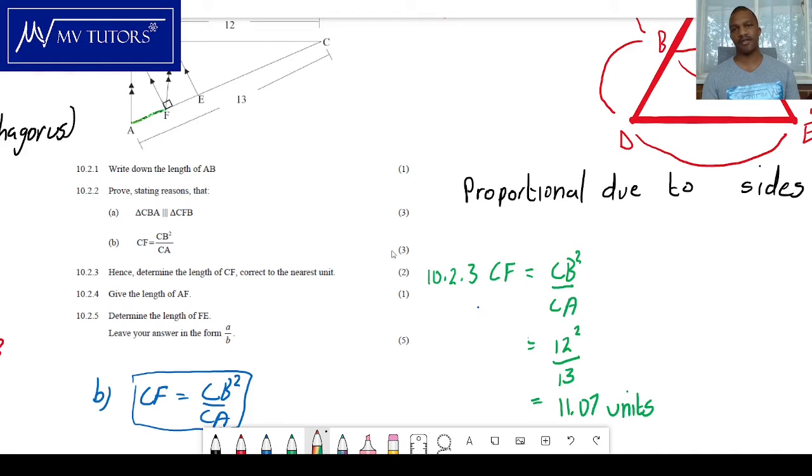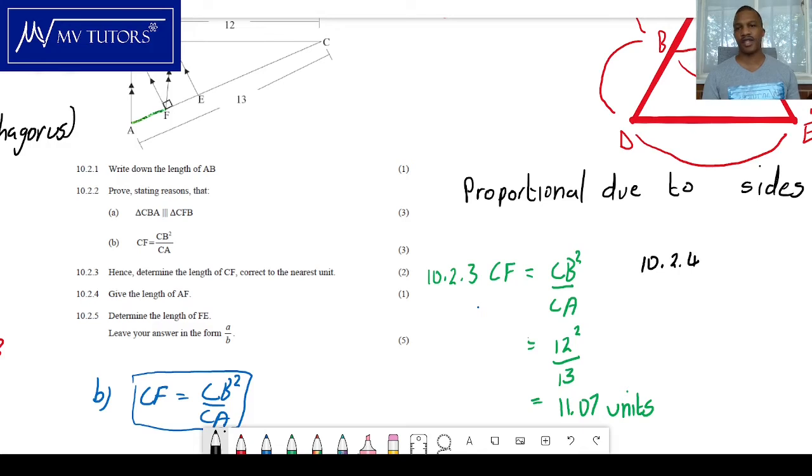I have CA, which is 13, and I just solved CF. So I can then do AF. If you look at this clearly, then this is now 10, no, don't like that color. Let's go back to black.